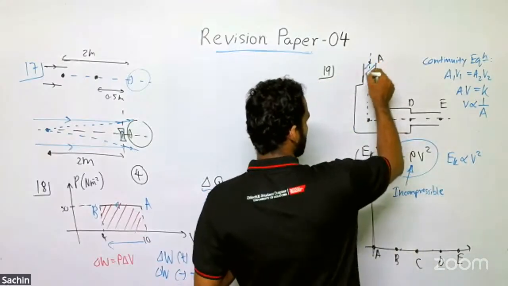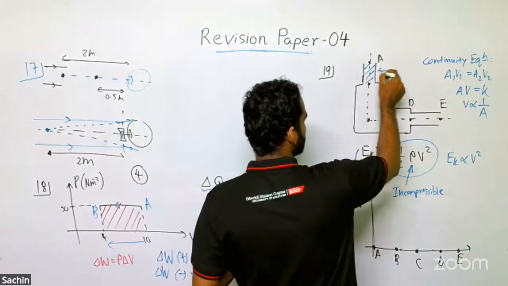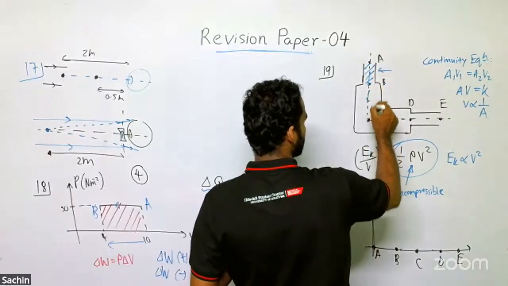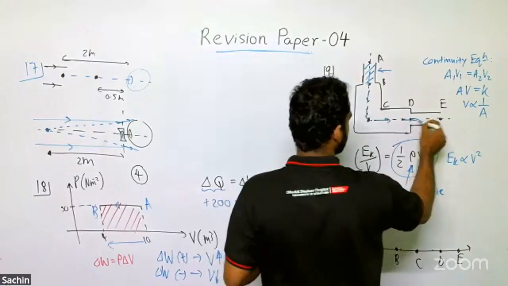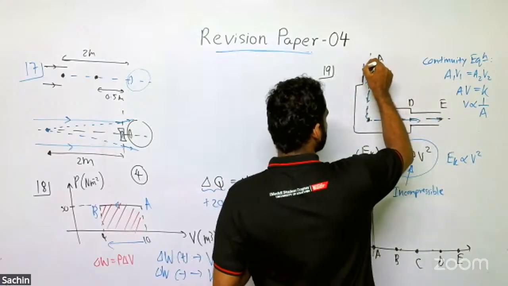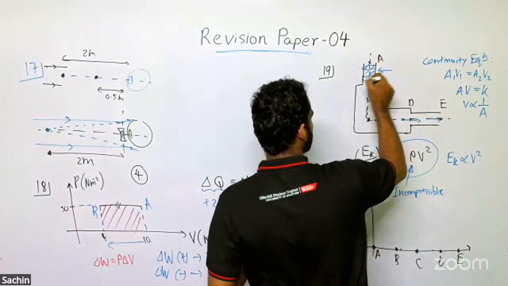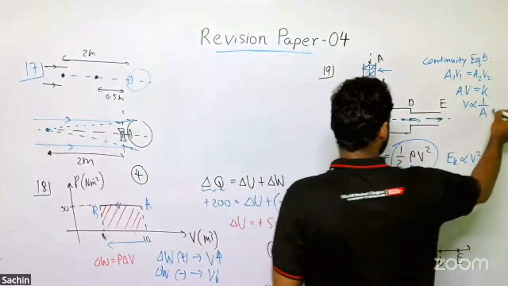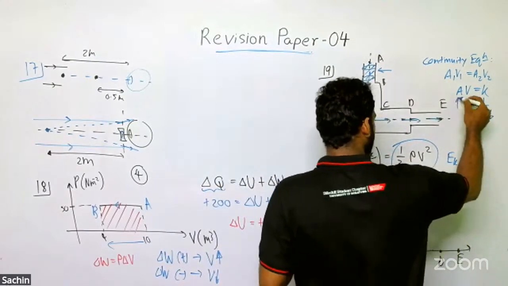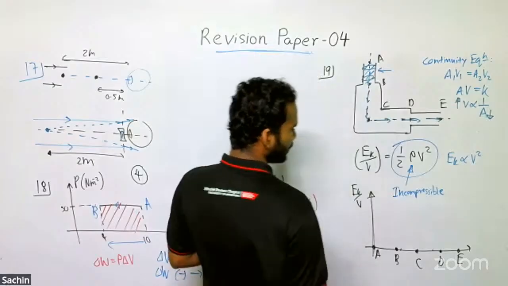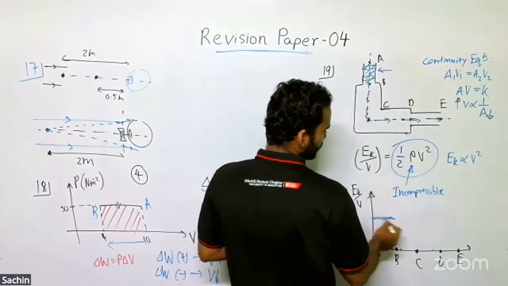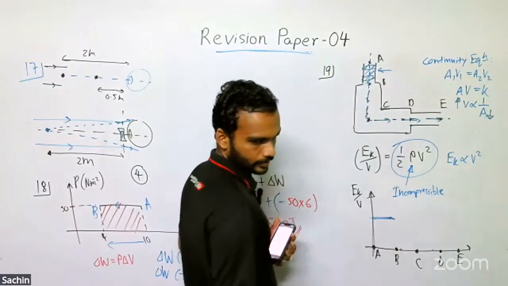So here in this section, if you consider the area, this is the flow. Flow is acting along this line. If we assume the flow is acting along this line, the area should be considered perpendicular to it. That means this area. So initially the area is lower. Lower area means higher velocity. Higher velocity means higher kinetic energy per unit volume.